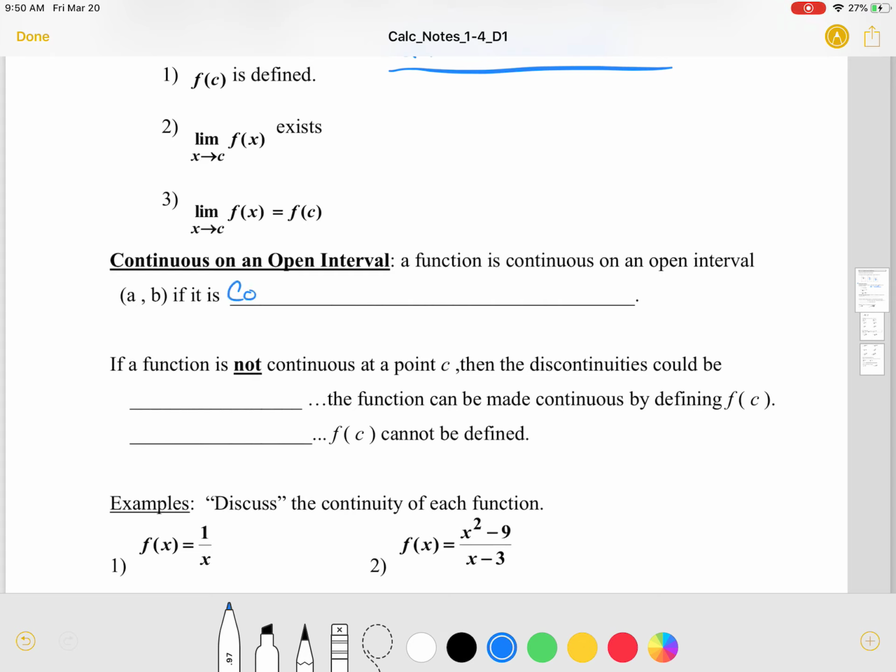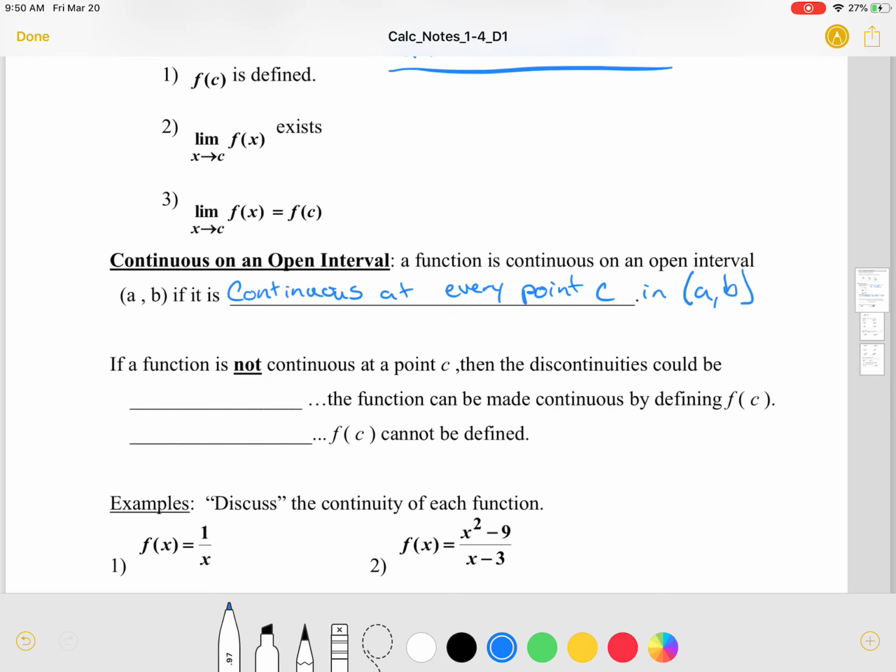Continuous at every point C in A, B. I'm going to try to write a little clearer for you guys too. All right. So every point has to be continuous, or every function has to be continuous over the open interval.